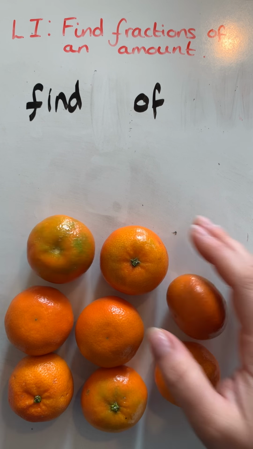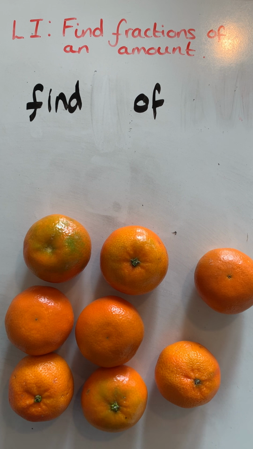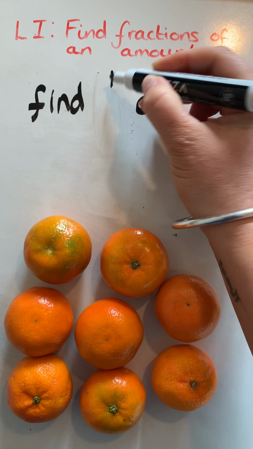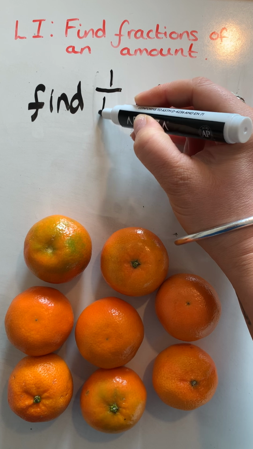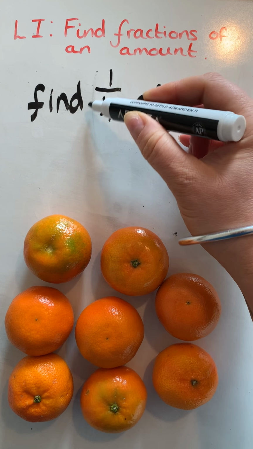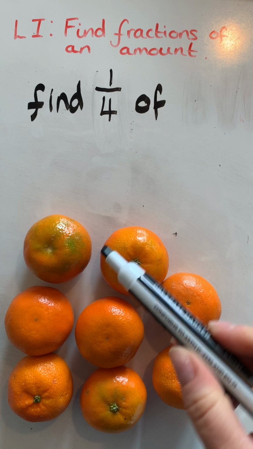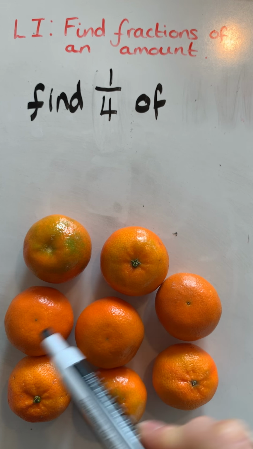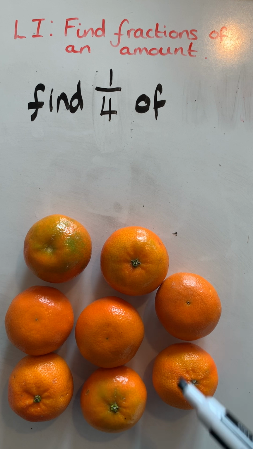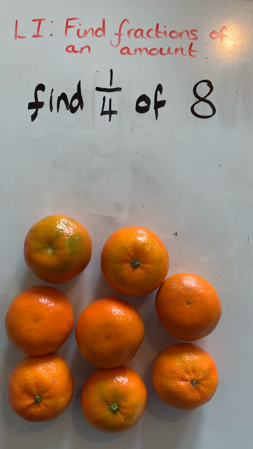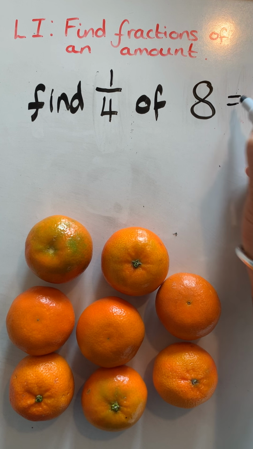We've got 8 easy peelers, and I want to find 1/4 of 8 easy peelers. So 1/4 means quarters. Whenever you see the 4, it is quarters. And how many objects do we have? 1, 2, 3, 4, 5, 6, 7, 8. So what would 1/4 of 8 be?